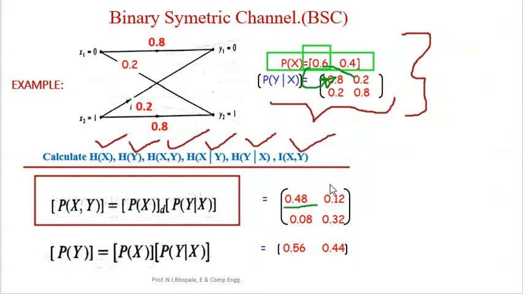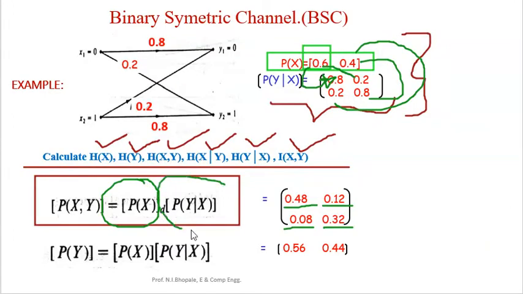Similarly 0.6 into 0.2 is 0.12. Next, I need to multiply 0.4 with 0.2, so it is 0.08. 0.4 into 0.8 is 0.32. So this is how p of x has been multiplied with p of y given x.